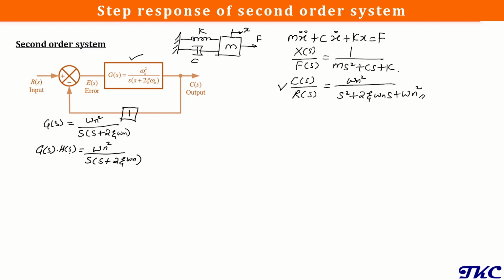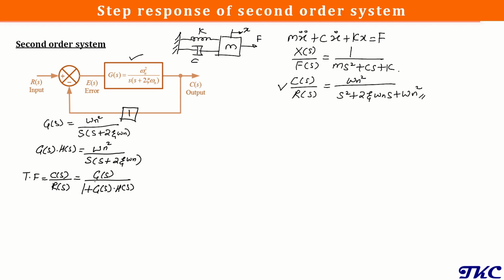Now, to write the closed loop transfer function for this system, we can write C of s upon R of s, and that will be equal to G of s upon 1 plus or minus G of s into H of s. Whether it is minus or plus depends upon the feedback signal. Here the feedback signal is negative, so we have plus. So 1 plus G of s into H of s.